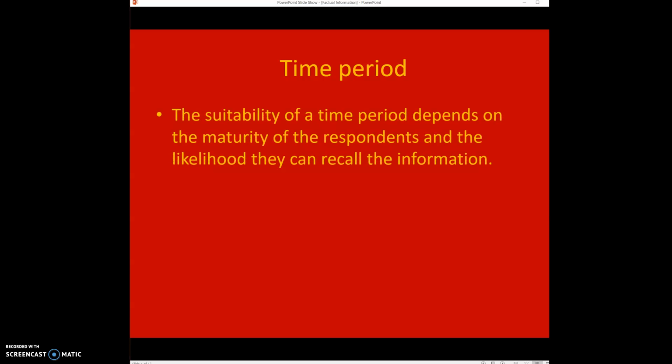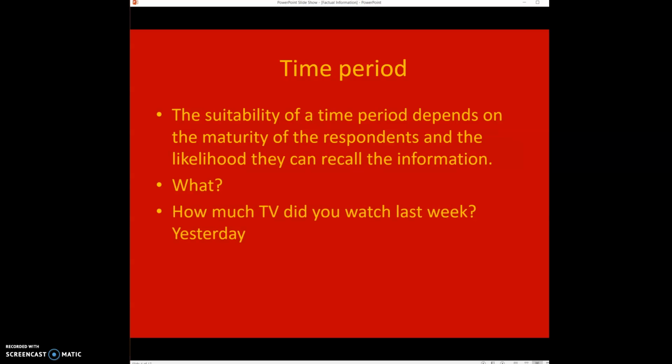The time period depends on the maturity of the respondents and the likelihood they can recall information. That really varies depending on how old the person is. If I ask you how much TV did you watch last week versus how much did you watch yesterday, one of those is okay for an adult, and the other is okay for a kid.